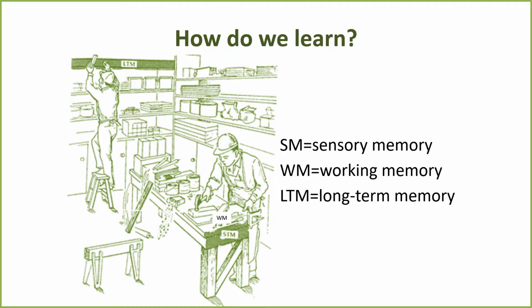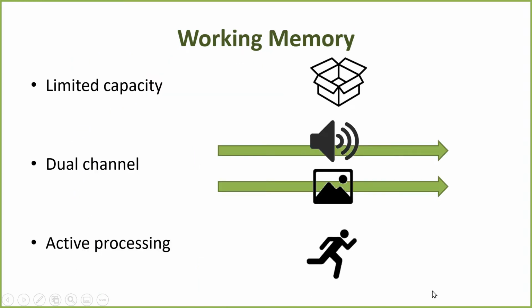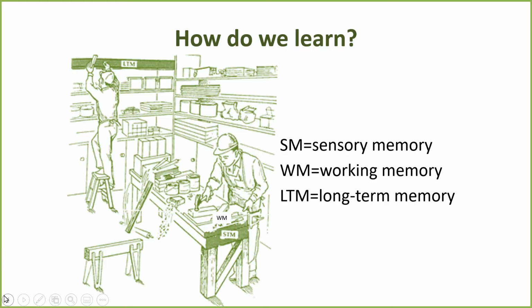In a similar way, things fall off the bench. The next thing is that, very interestingly, there are two channels in working memory, one for sounds and text, the other one for pictures. So in this analogy, there's actually a discrepancy with how we learn because this only shows one working bench.